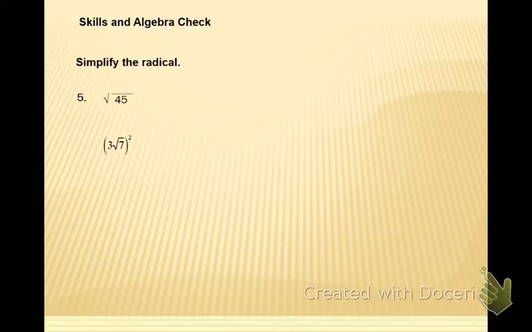All right, simplify radicals. I'll do one with you, and then I'll let you guys. Let's look at number 5 here. Radical 45. We want a factor, right? Do I have any perfect squares that go into radical 45?